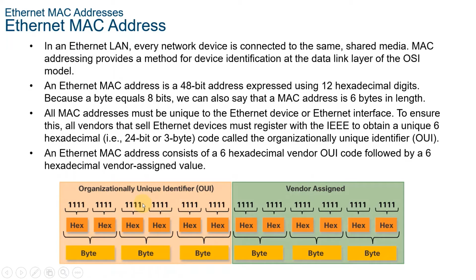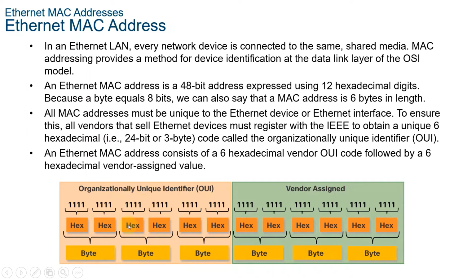In an Ethernet LAN, every network device is connected to the same shared media. The MAC address is used to identify the physical source and destination devices, NICs, on the local area network segment. MAC addressing provides a method for device identification at the data link layer of the OSI model. An Ethernet MAC address is a 48-bit address expressed using 12 hexadecimal digits as shown here in the figure.